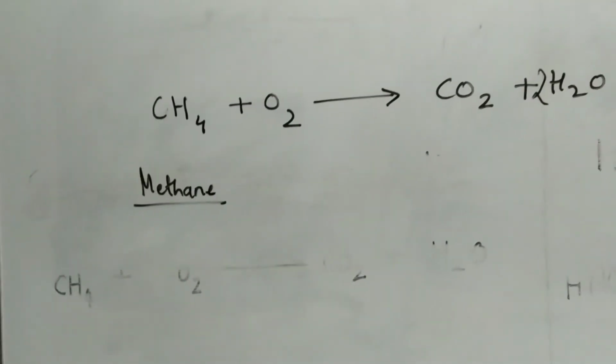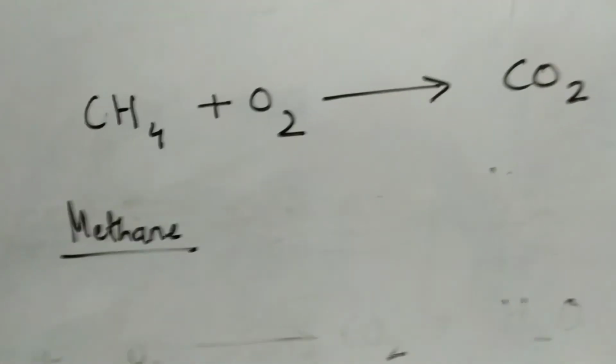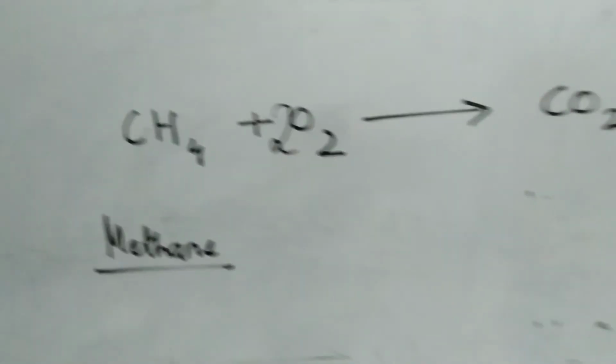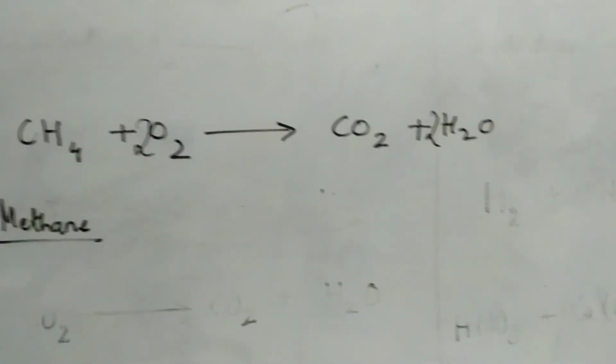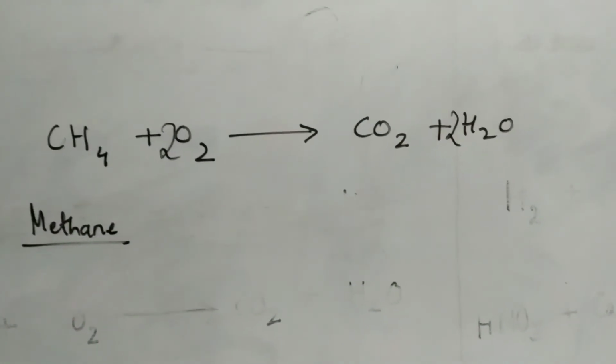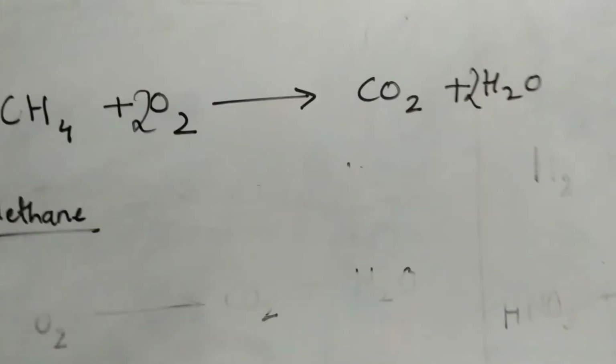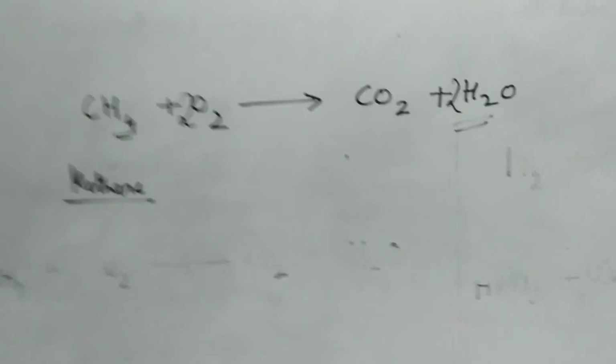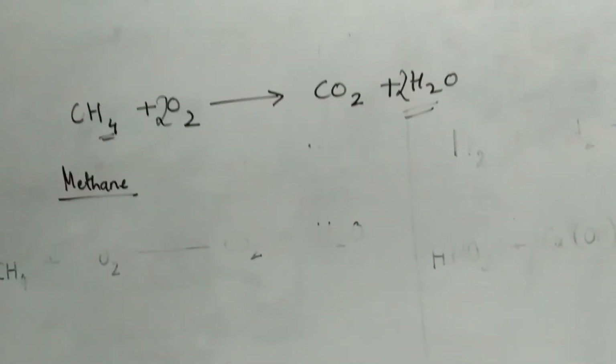Now come to the reactant side, I have only 2 oxygen. To make it 4, I'll put a 2 here. Oxygen 4, fine. Hydrogen was already 4 here, hydrogen becomes 4 on the product side also. 4 hydrogen and this is 4 hydrogen, carbon is 1, and it's matching, and it is done.